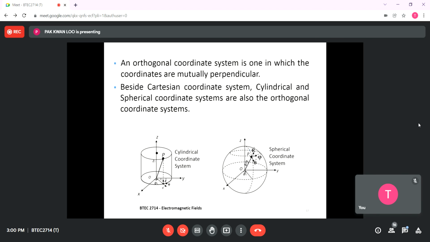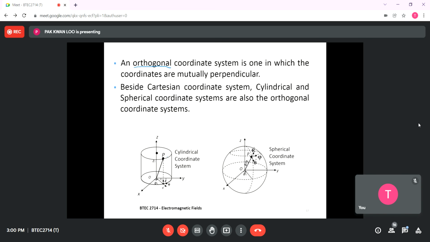When I say orthogonal, it means that the axes corresponding to these coordinate systems are always at 90 degrees to each other.